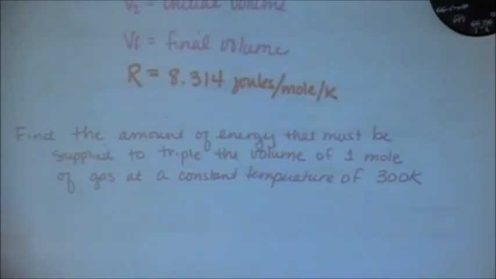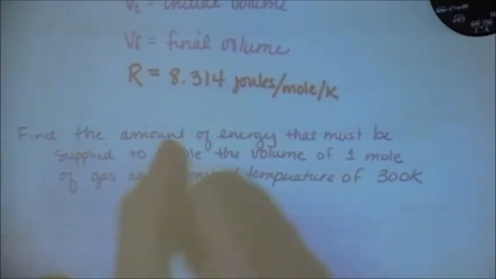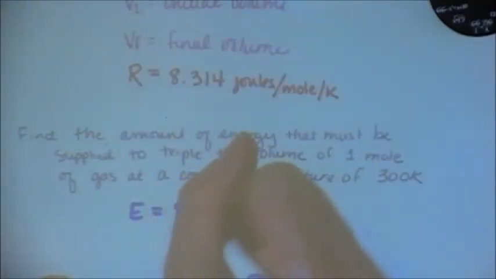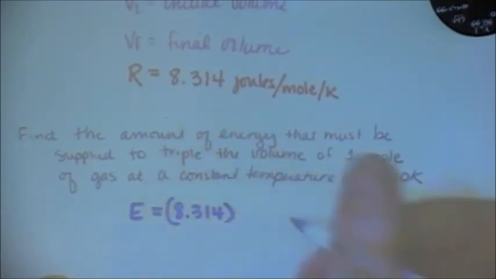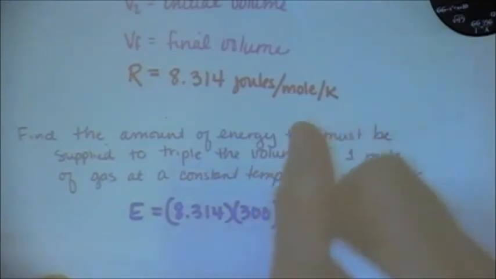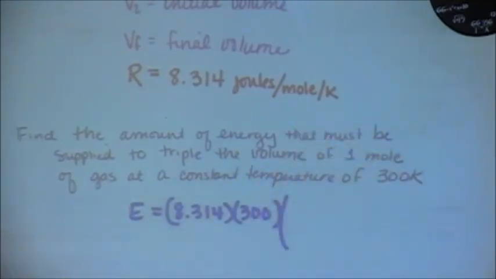Okay, so we're plugging numbers into the formula. I'm looking for E, because that's the amount of energy it takes. So I don't know E, that's what I'm looking for. R we know is 8.314. T is 300. And then my initial volume and my final volume, they didn't give me, but they did tell me that they wanted my final volume to be 3 times the initial volume.